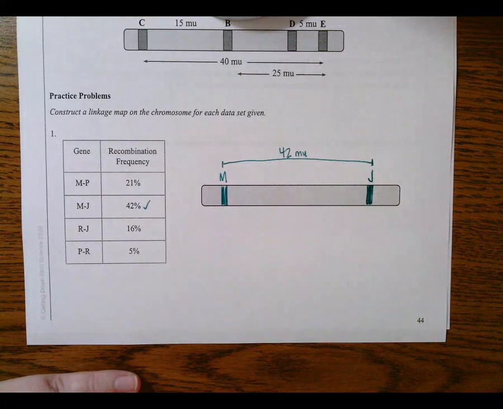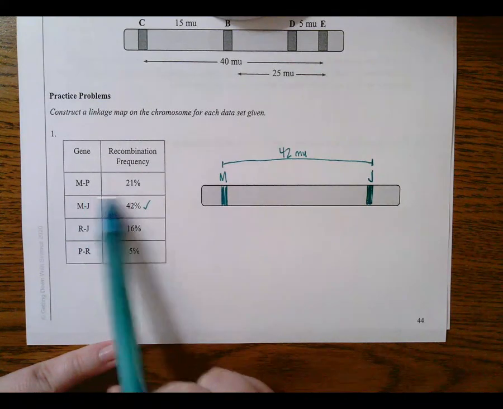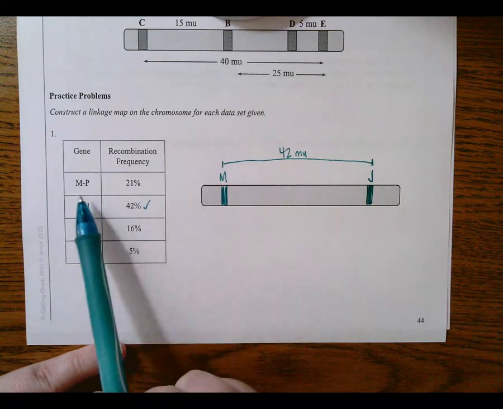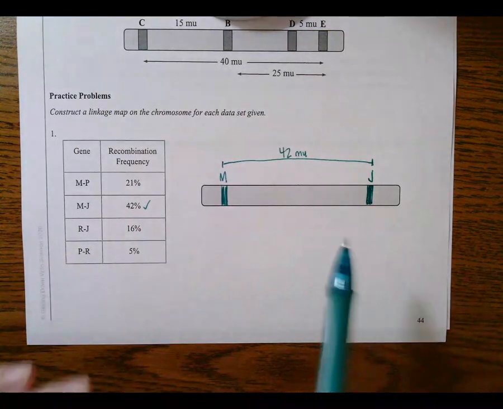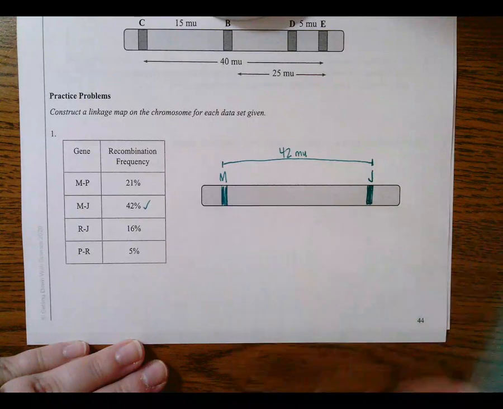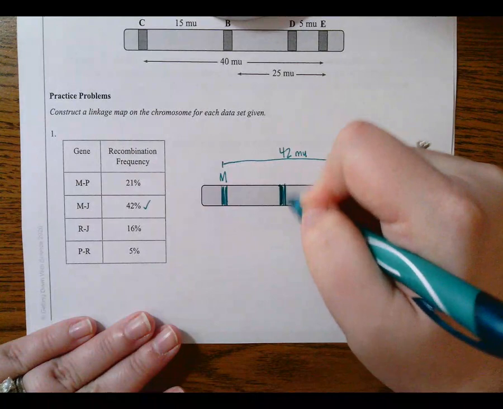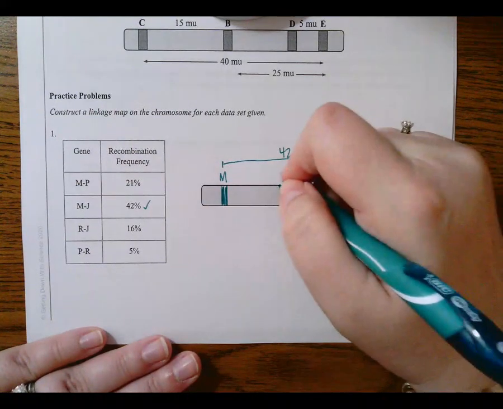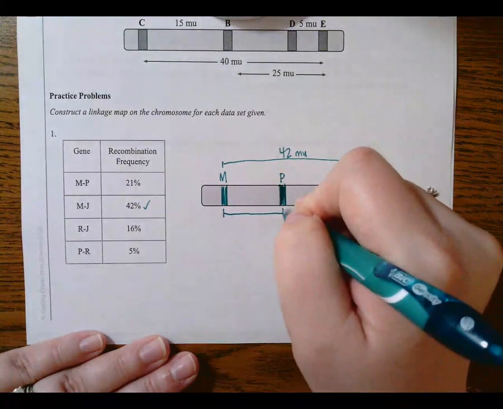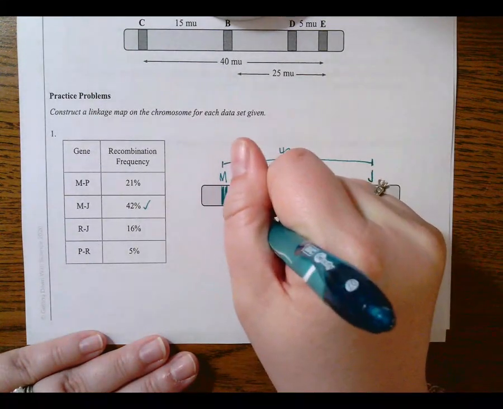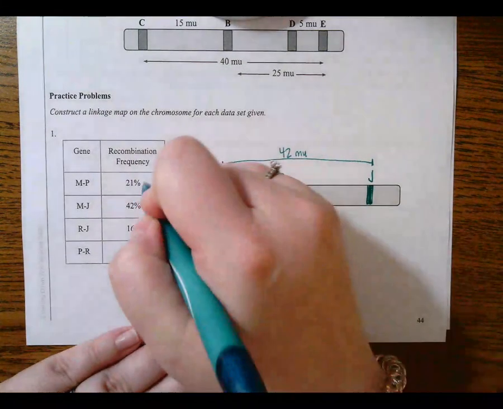Okay. Then after that, our next highest frequency is M to P. So M is right here, and this is 21%, which means that it's going to be kind of about halfway in between these guys right here. So I would put it right about here, and we will label that as P, because the distance from M to P is 21 map units. Okay.